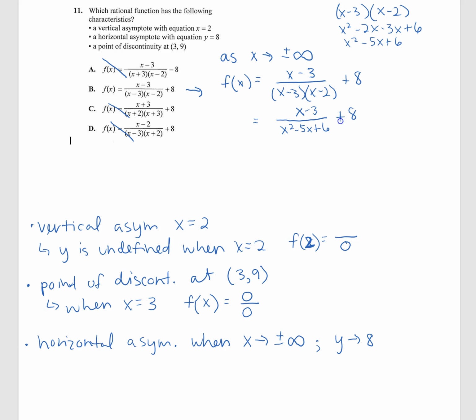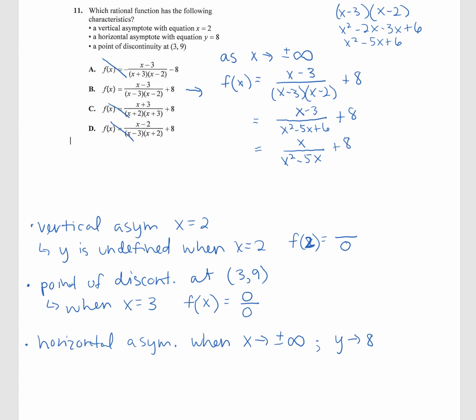This is our function, just multiplying out the brackets on the bottom. And so again, when x gets really, really big, this top just becomes essentially x. And on the bottom, this 6 becomes basically inconsequential. So we have x squared minus 5x on the bottom, but we still have this plus 8 on the outside.